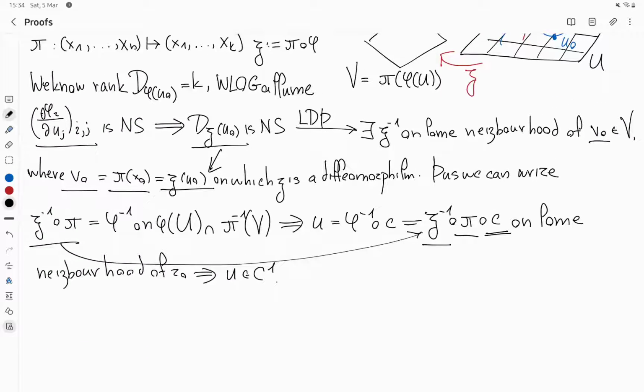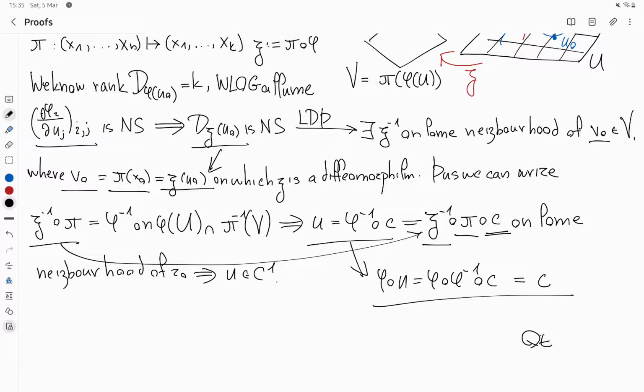This follows trivially from the fact that we put u as this, and thus if we compose both sides with phi from the left, we get that phi composed with u is equal to phi composed with phi inverse composed with C, which of course is simply C, which is the equality we wanted. So we have demonstrated that it is a curve and that it maps the points where they belong, along with some neighborhood for each point, which is precisely what we wanted, and this concludes the proof.